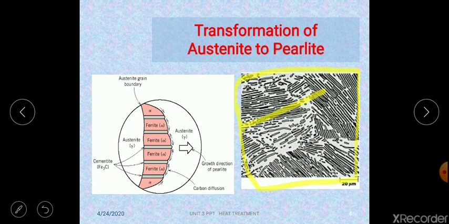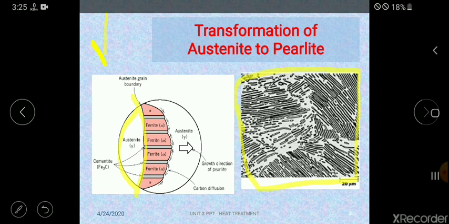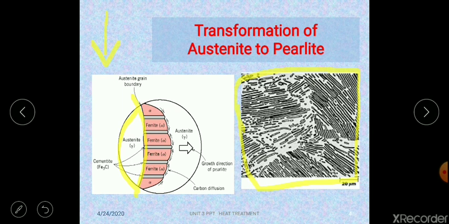How are these obtained? Initially we have the boundary line of an austenite grain. Suppose this is an austenite grain, so there is a boundary line of the austenite grain. As the austenite cools from 727 degrees Celsius and below, austenite, that is gamma, tries to convert into alpha ferrite and in combination with that into cementite. Initially a gray plate will form.